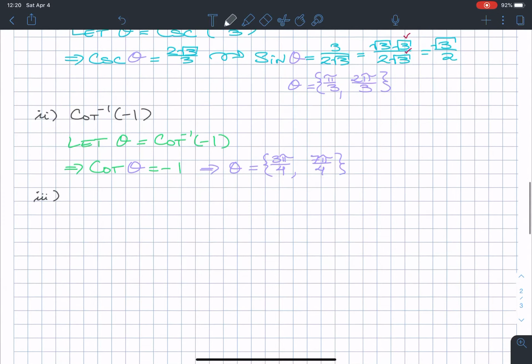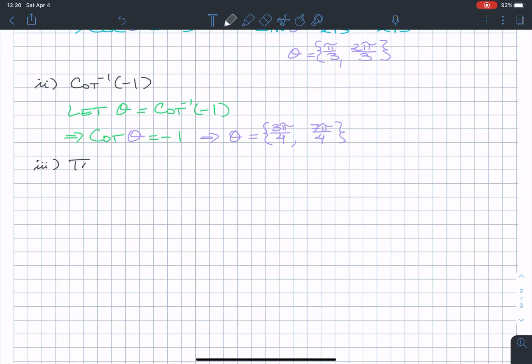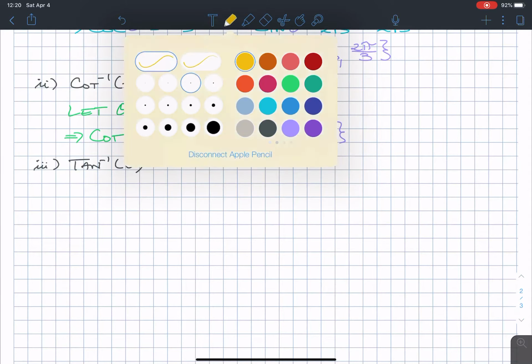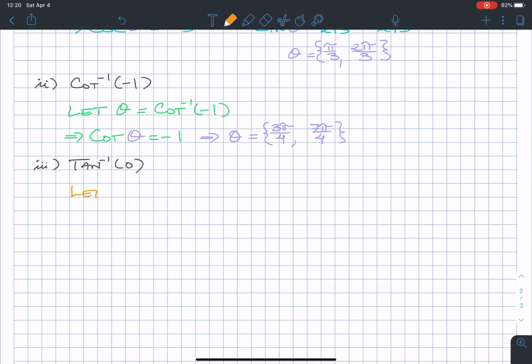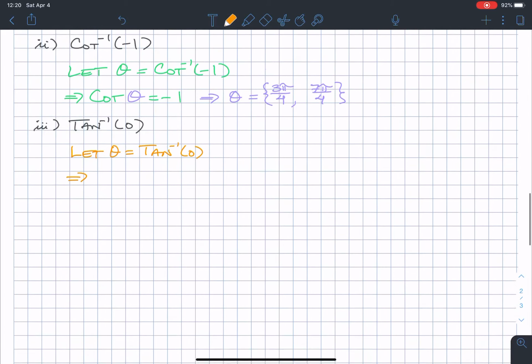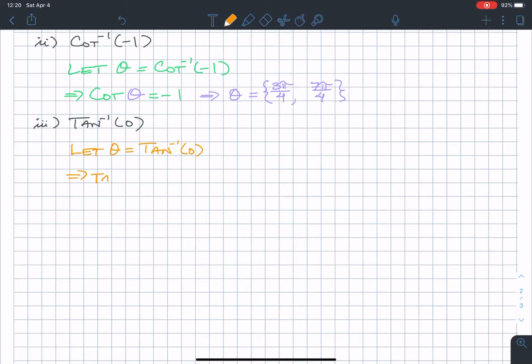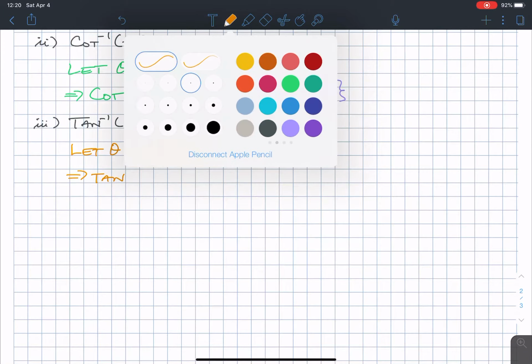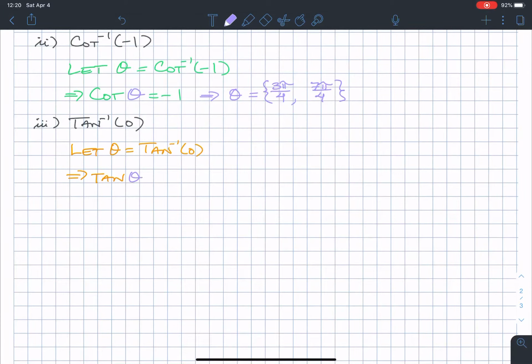Okay, so number 3. So let's say we have tangent inverse of 0. So once again, I will let, in orange, let theta, my angle, be my inverse function. So theta is inverse tangent of 0, which is equivalent to saying tangent of theta is 0.